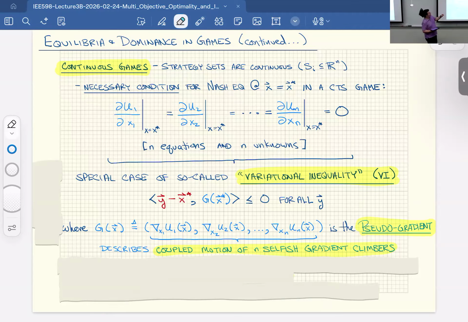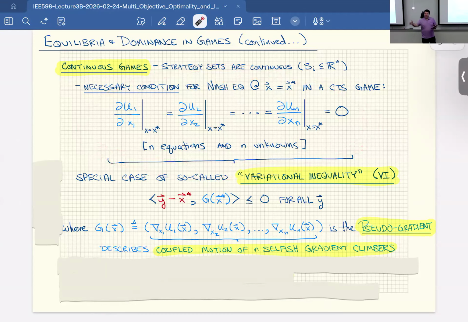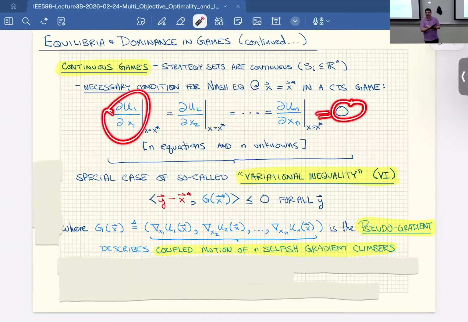This is a so-called variational inequality, or it's a special case of a VI. And so a variational inequality is just kind of a generalization of this idea where this statement here, I can generalize to consider boundary conditions, for example, like it might be impossible to actually get this derivative to be purely equal to 0 because I've got a constraint in my feasible space so that I can't actually get there.